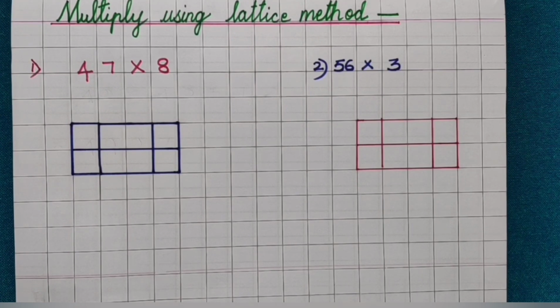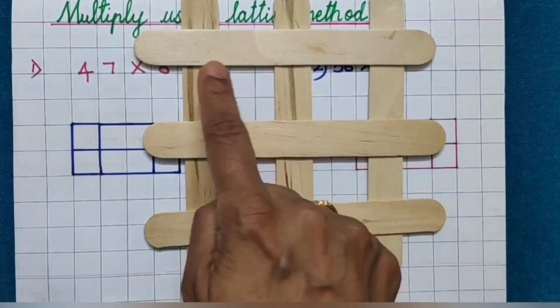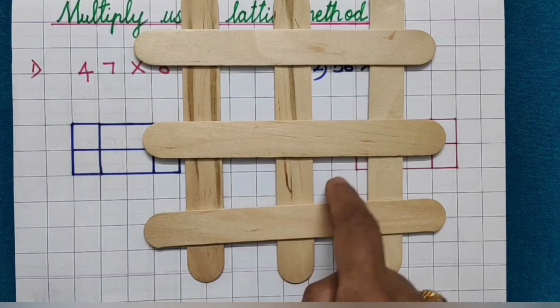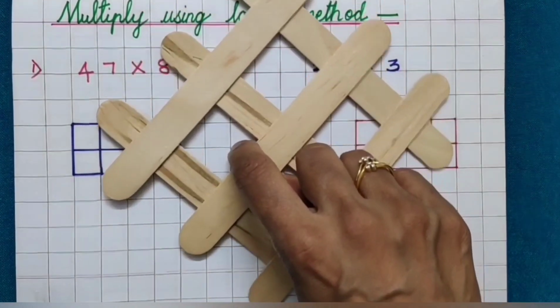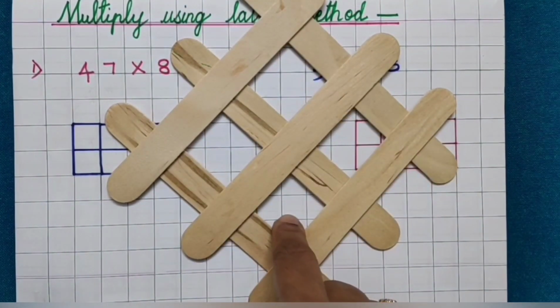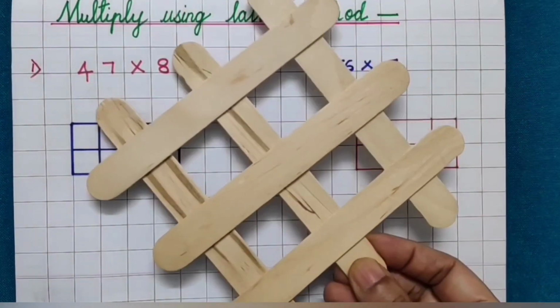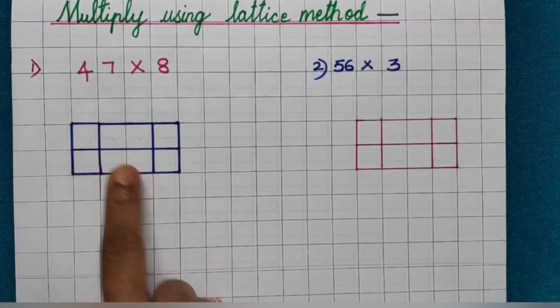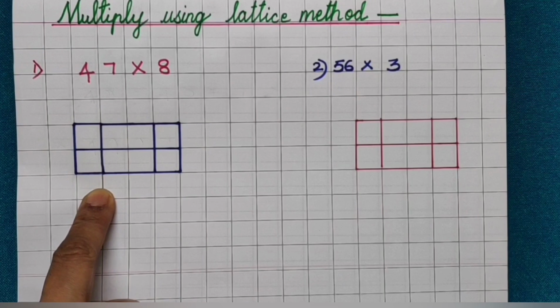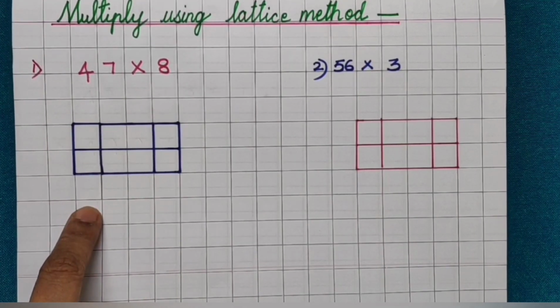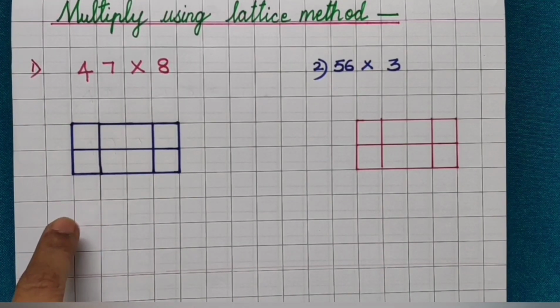Now what is lattice? Lattice is nothing but when you arrange sticks in the form of empty squares like this or maybe diamonds like this, this is called a lattice. So in the same way, we will be drawing squares to solve multiplication using the lattice method.